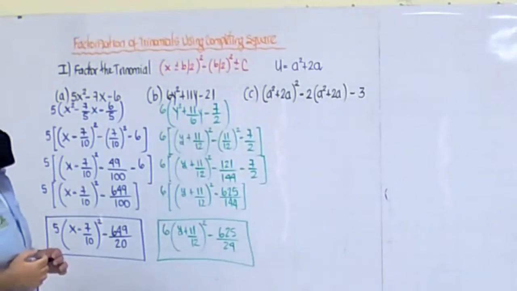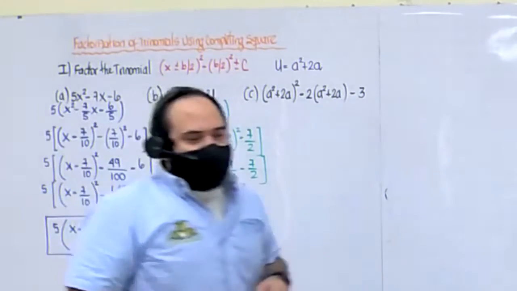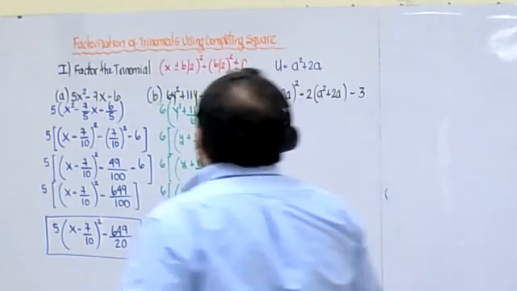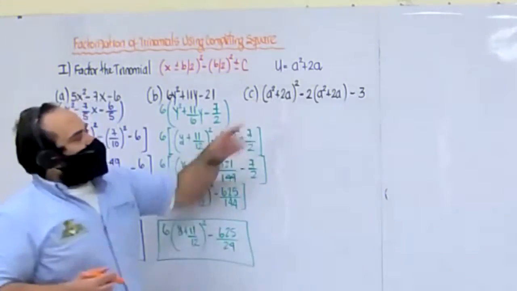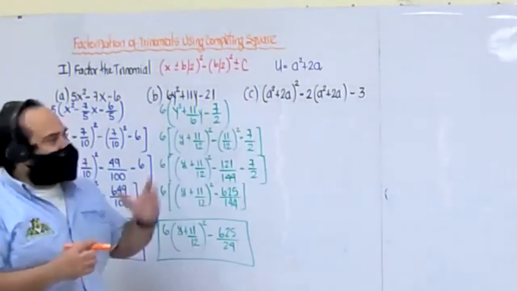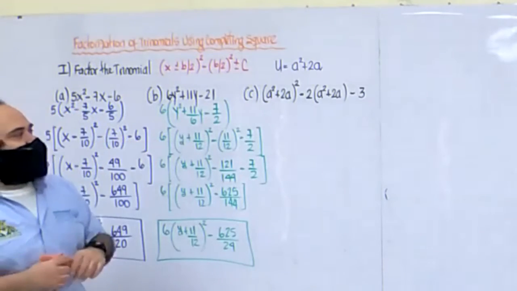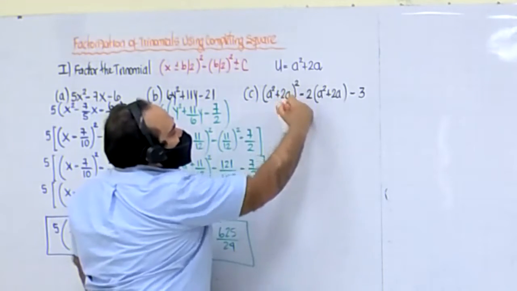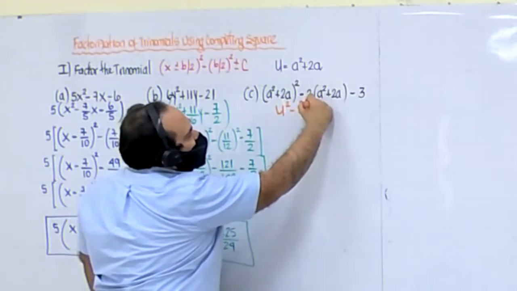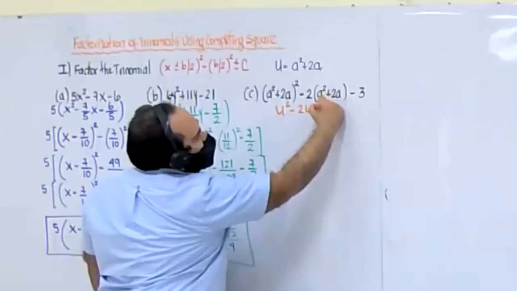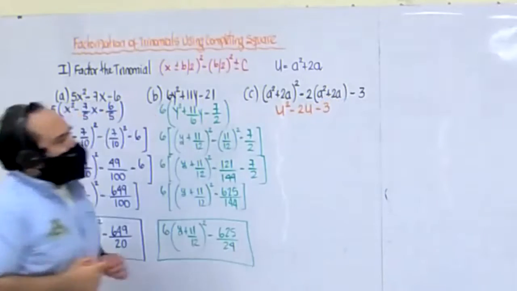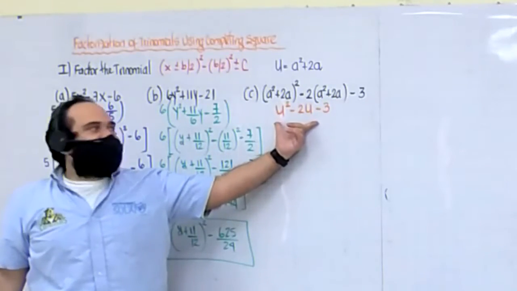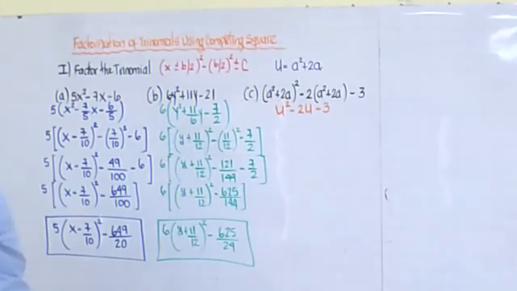Why is it so useful to use this expression? Because the shape of this equation is a little bit complicated. Reducing it to a simple expression like u squared minus 2u minus 3 is an easier way to see it than using the black one, right?